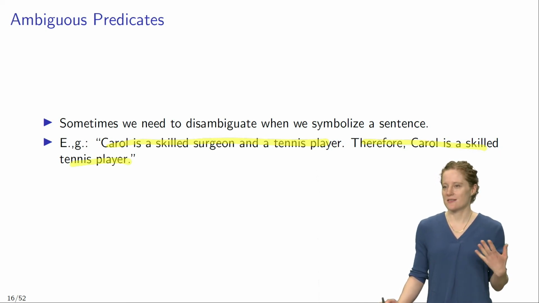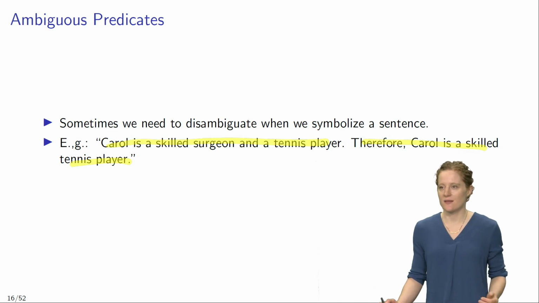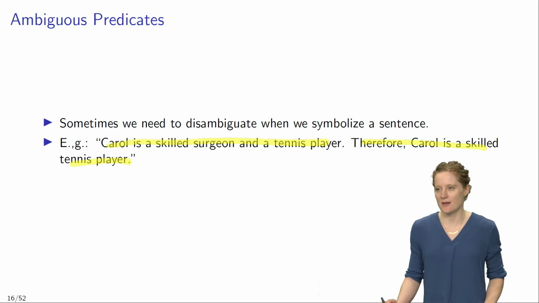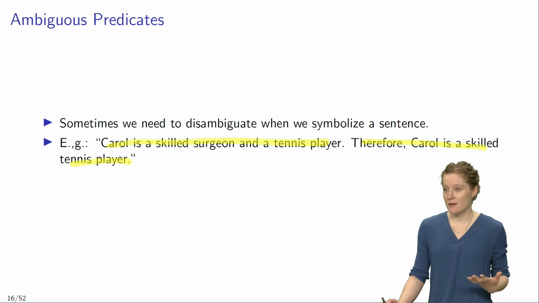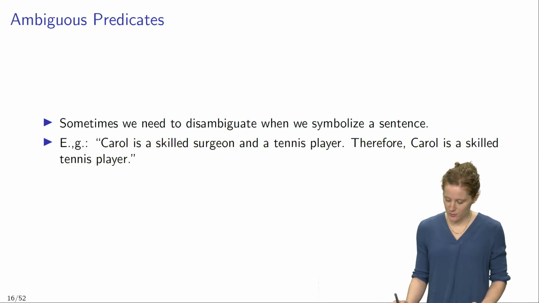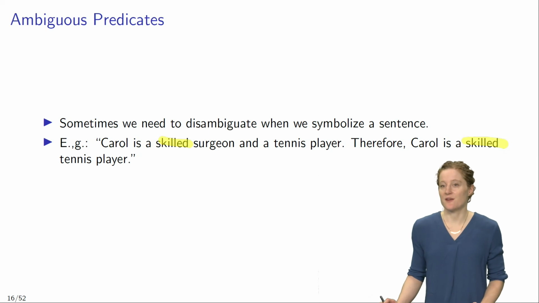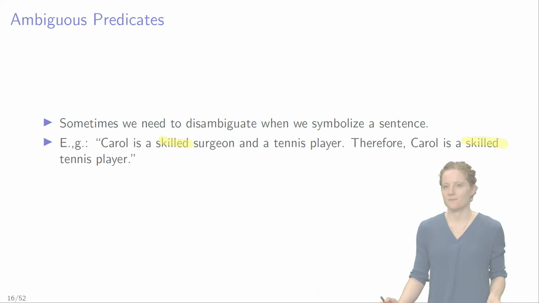Just because Carol is skilled as a surgeon doesn't mean that Carol is skilled as a tennis player. So to explain why this argument is invalid, we would need to symbolize the two words "skilled" in the premise and in the conclusion by means of different predicates and disambiguate, even though in English they sound similar.